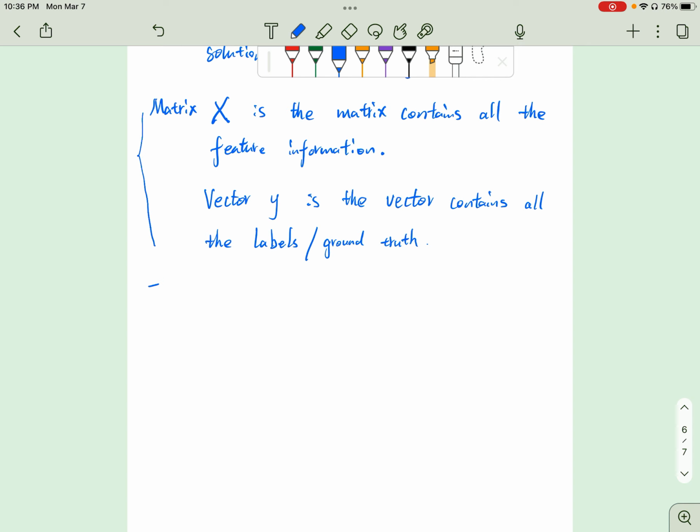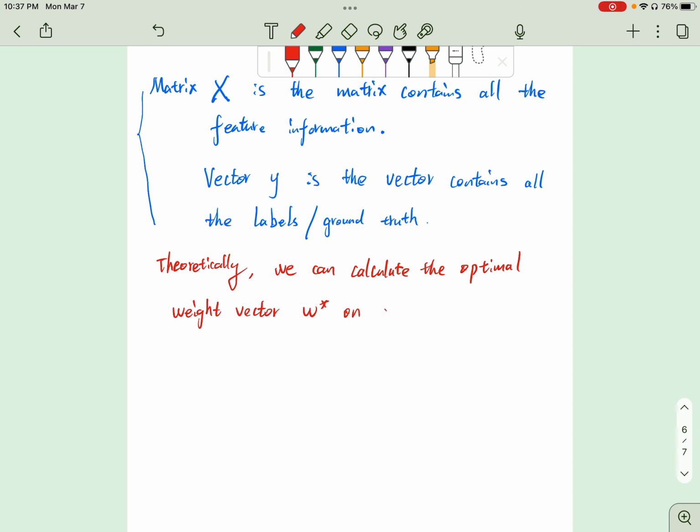So lastly, theoretically, we can calculate the optimal weight vector omega star on any data by using this solution.